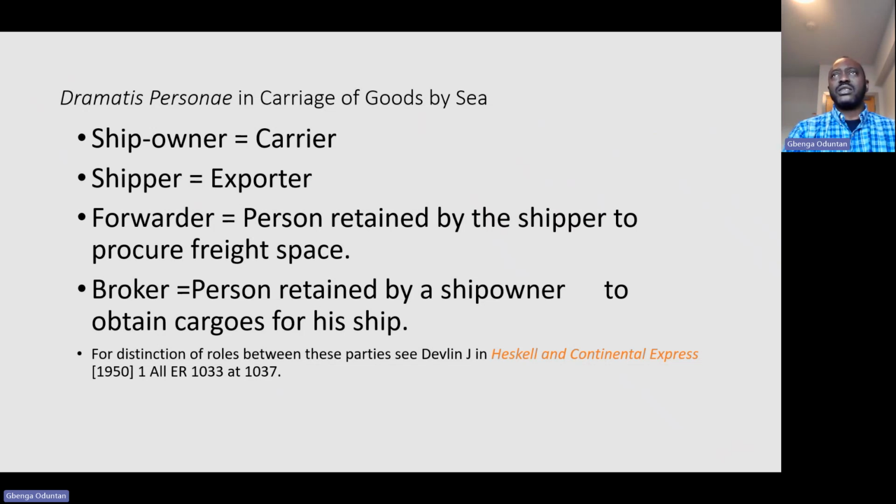All that is left to the specialized professional known as the forwarder. The forwarder is a person retained for his knowledge, his expertise by shippers to find boats for them and find space for them and arrange the transportation of the goods, in many cases, onto the ship and forwarded, of course, to the other territory.